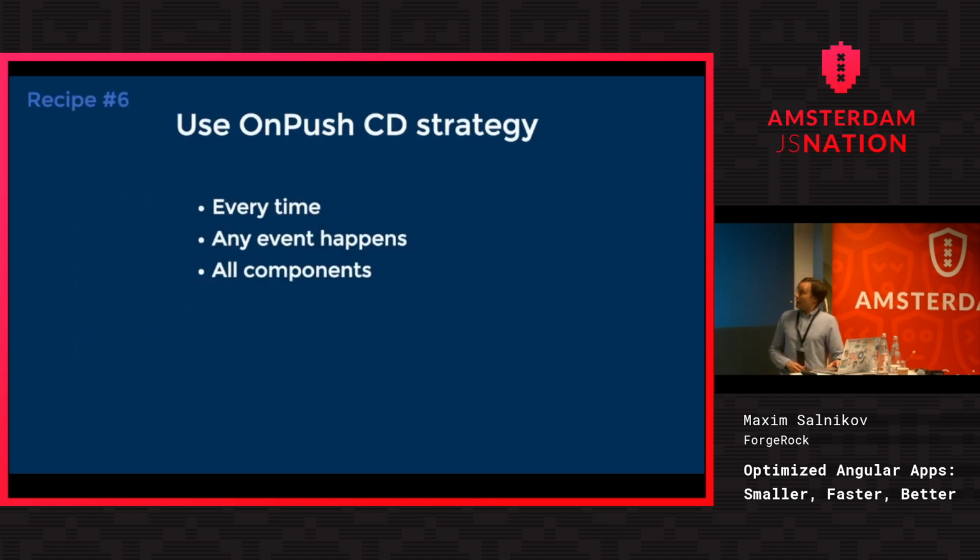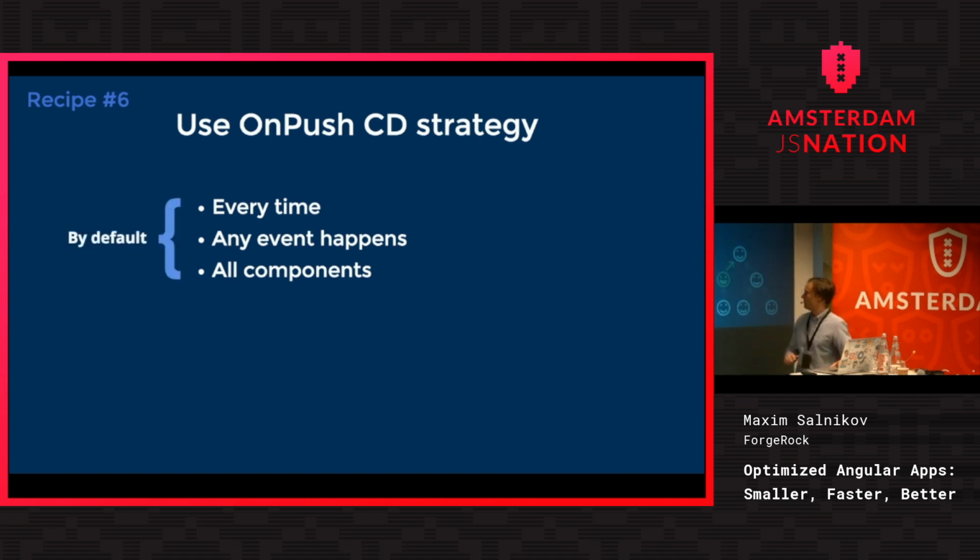Next, the OnPush strategy. There are many articles about this, so this is my view. Change detection happens each time something happens, like a click or a fetch request or a timer, for all the component tree, without exceptions. But this is by default.